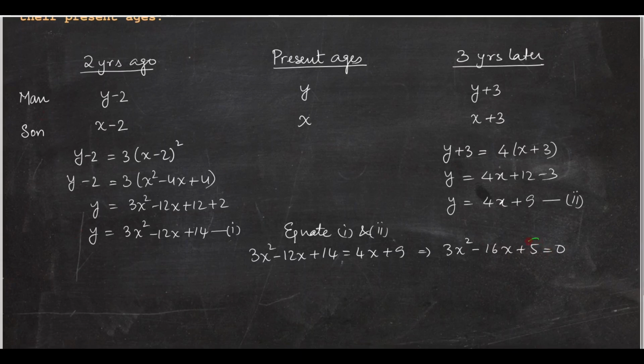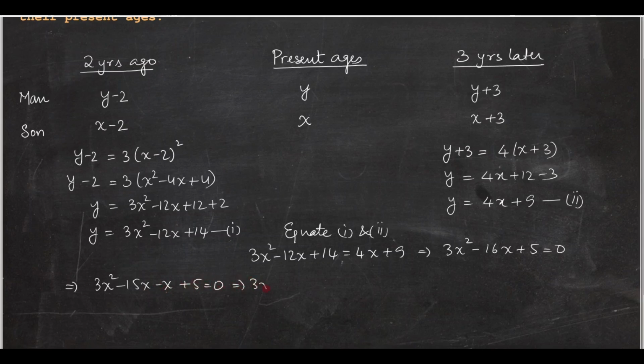So if you observe, the product is 5 times 3x square, the product is 15x square, and the sum is negative 16x. So we can break this into minus 15x minus x, the product of which will give us 15x square. So I'm going to write this quadratic as 3x square minus 15x minus x plus 5 is equal to 0.